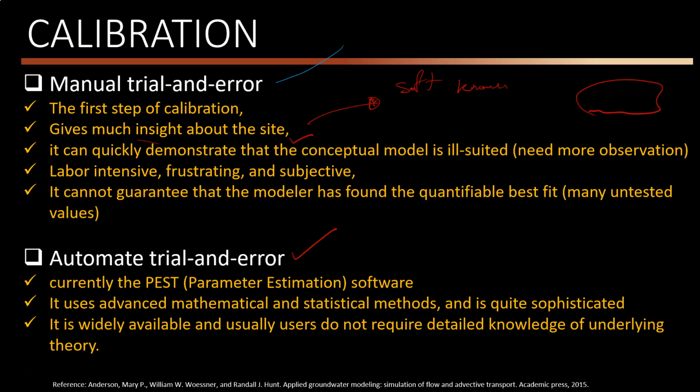But if you miss this process, and if you directly go to the automated one, it is very difficult, because these are very time consuming and there are so many details that you need to take care of, which may distract you, or take your time, and it might be too late to realize that you need to revise your conceptual models. But the trial and error method is easier, it is faster, and it is much more under the control of the modeler. That's why it creates very good insights about the model.